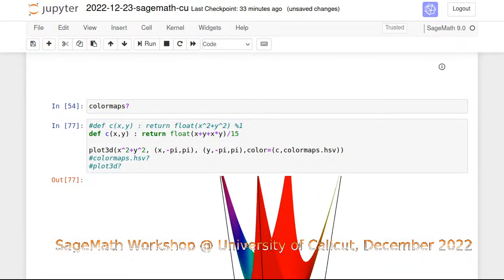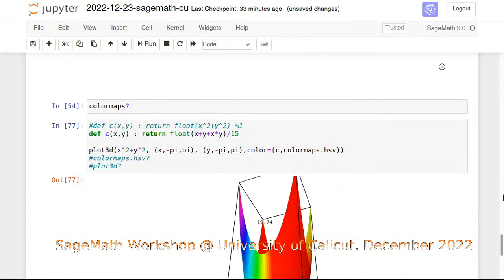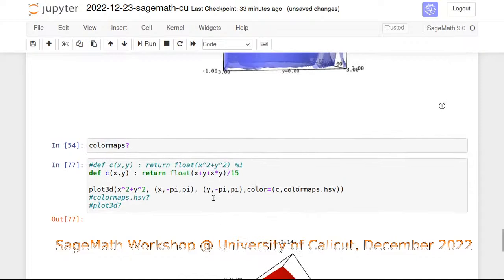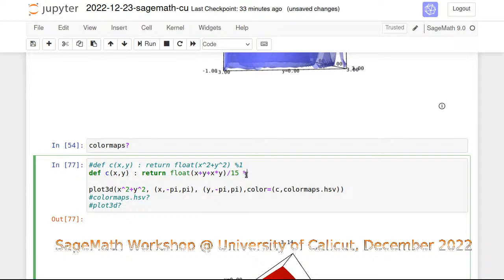we are getting something like this. X square plus y square, x plus y. But this is not the function that I am looking for. Percentage is essentially nothing but it gives 1.